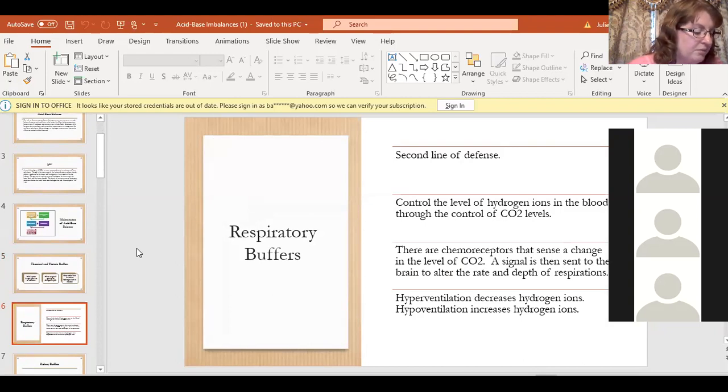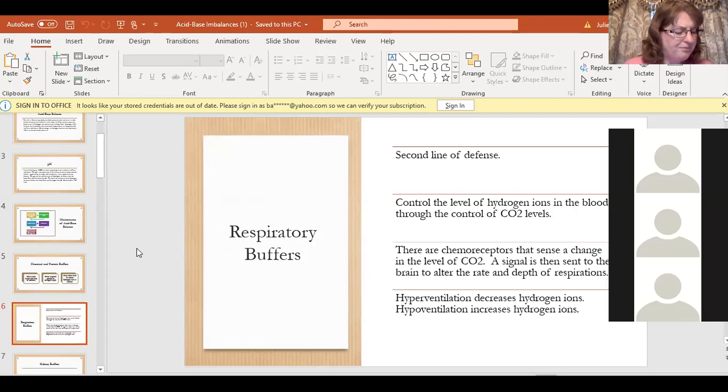So basically, if you have hyperventilation, it's going to decrease the amount of hydrogen ions that you have in your system. And what does it mean when you hyperventilate? You're breathing really quickly, right? So hypoventilation is going to increase your hydrogen ions. If you're not ventilating well and you're not breathing well, you're not oxygenating well, then those hydrogen ions are going to increase to try and fix that.